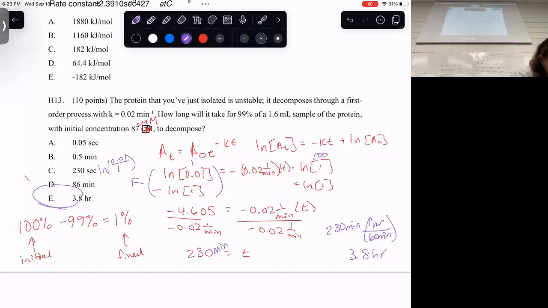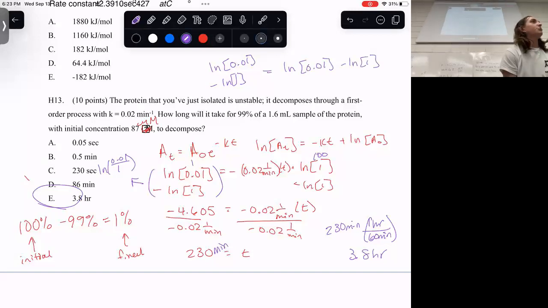So whenever you have ln of 0.01 minus ln of 1, and when you're subtracting, then they divide. Then because they're both ln functions, you can say that this is ln of 0.01 over 1. And you can plug that into your calculator.